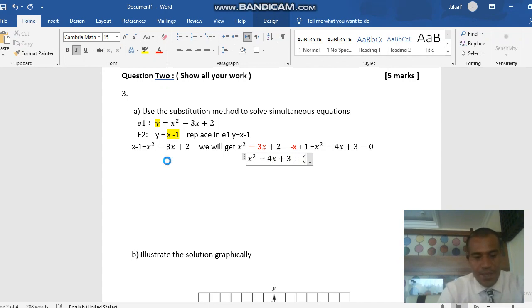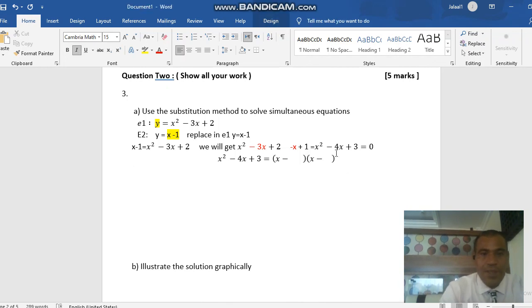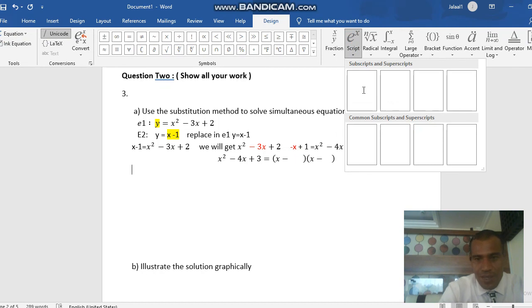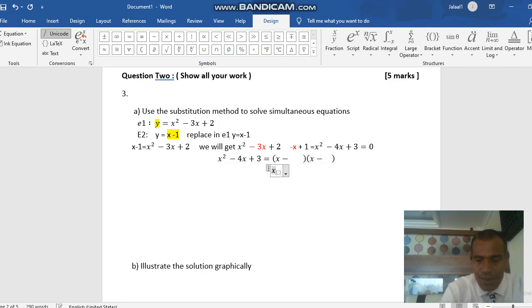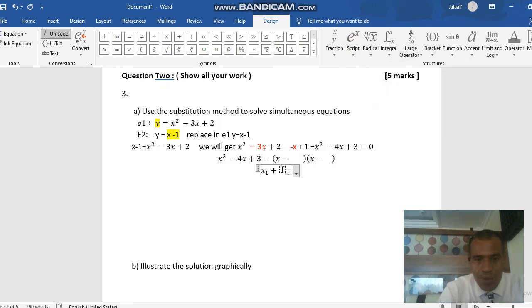If we do it by factorization, this one equals x minus a missing number multiplied by x minus a missing number. I will make space here and here. Then we will try to find two values, x1 plus x2, which should be equal to what?